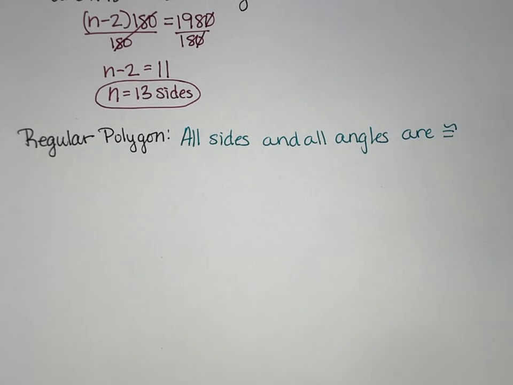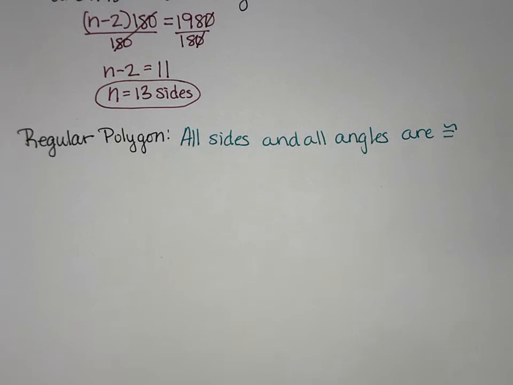So in a square we have 4 equal sides and we have all right angles, making it a regular quadrilateral. For a triangle, that would be an equilateral triangle because all the angles are 60 and all the sides are the same. So when we have this situation where we have regular polygons, we can find the measure of one angle because we know they're all the same, right?